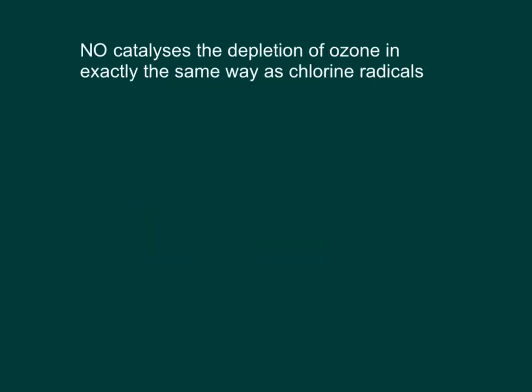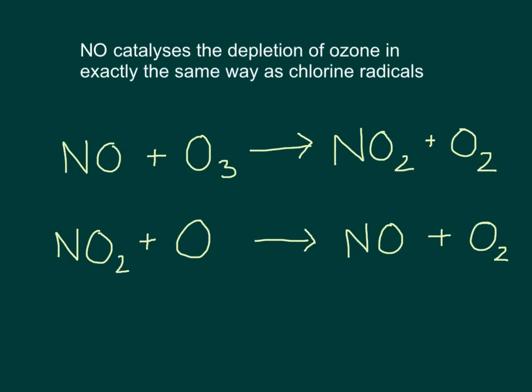So nitrogen monoxide catalyses the depletion of ozone in exactly the same way as chlorine radicals. In fact, the reactions are identical, except that instead of having a Cl, we're going to have an NO. So first of all, NO reacts with O3, takes off an oxygen and leaves O2 behind.